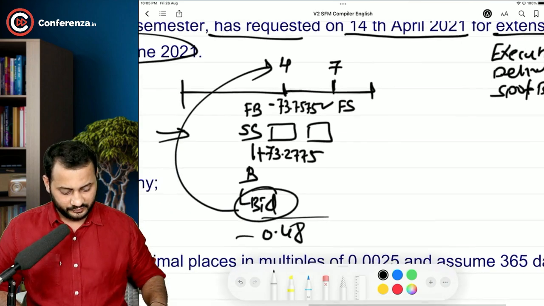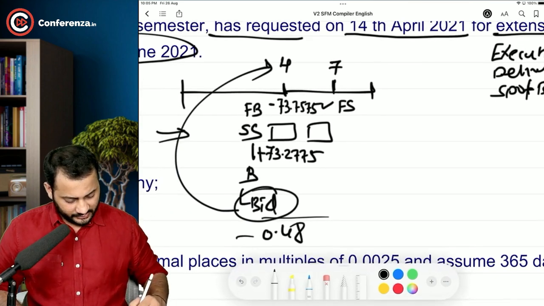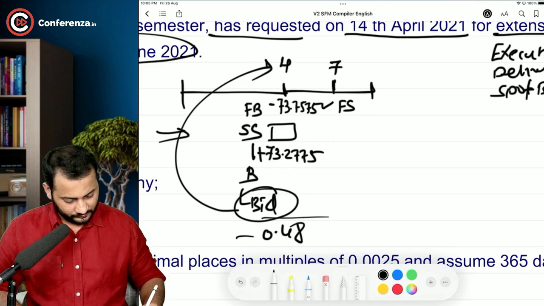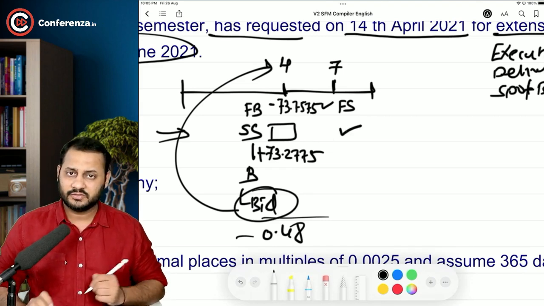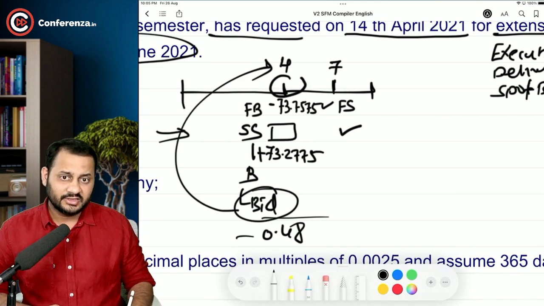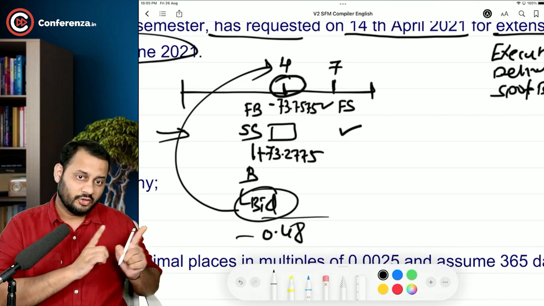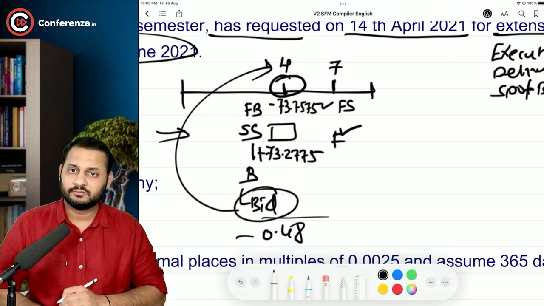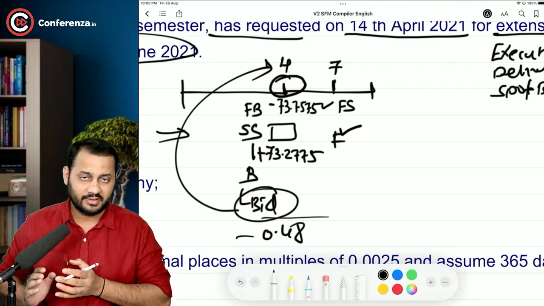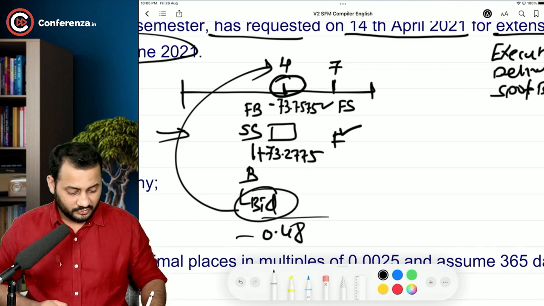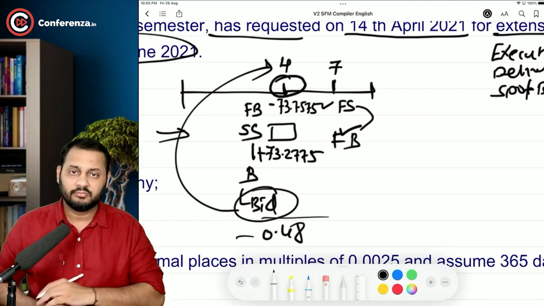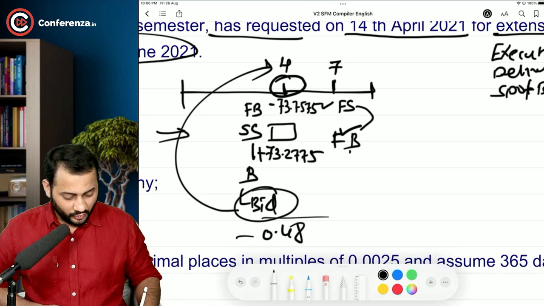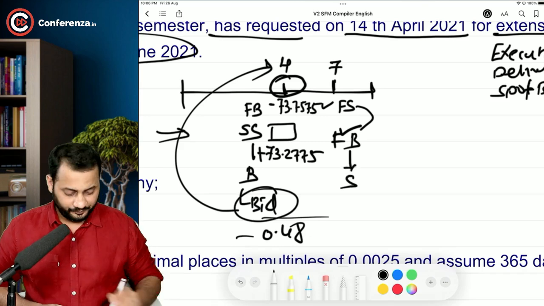Swap transaction. What will be the swap transaction, sir? It's very simple. You will take it on this date itself, 4th April, to cover that. So first of all, it will be forward because you are taking it 3 days back. And this was sell, so you will take buy. Since you want to buy, the other bank will sell.